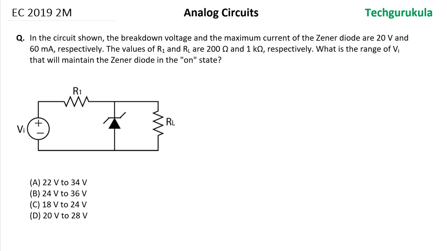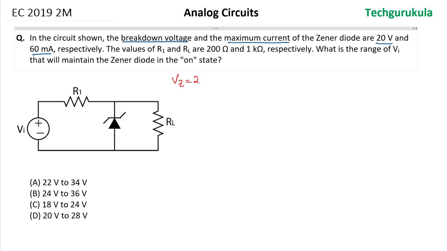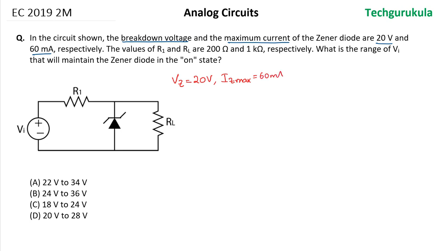In the circuit shown, the breakdown voltage and the maximum current of the Zener diode are 20 volts and 60 milliamperes respectively. So let's make a note here that the Zener breakdown voltage is 20 volts and the maximum current that can flow in the breakdown, that is IZ max, is equal to 60 milliamperes.